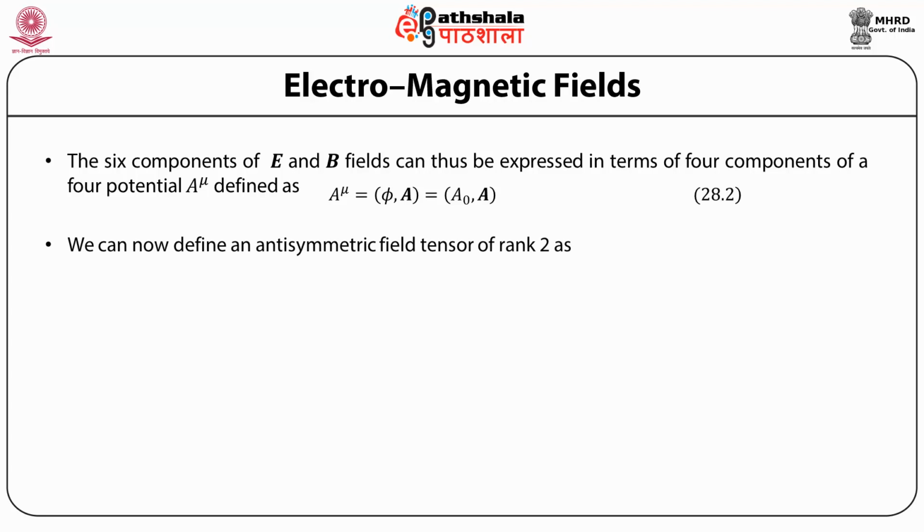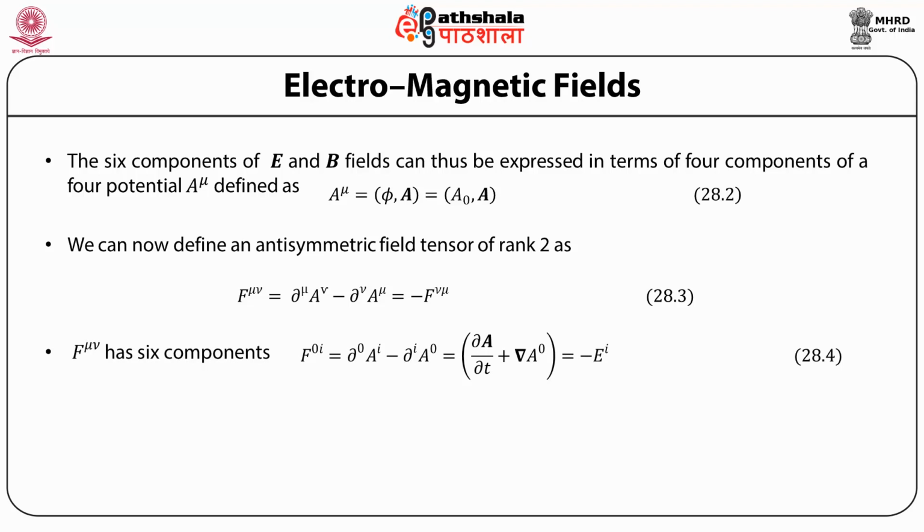We can now define an antisymmetric field tensor of rank 2 as F mu nu is equal to del mu A nu minus del nu A mu, which is equal to minus F nu mu. Now, F mu nu has 6 components.